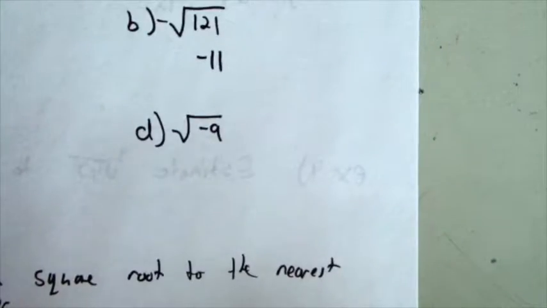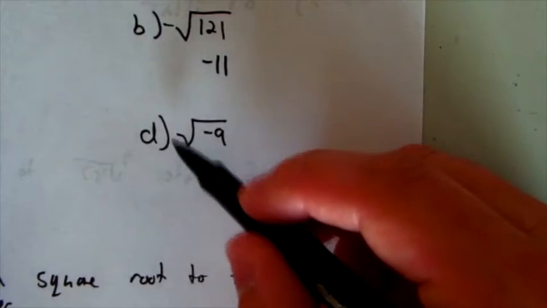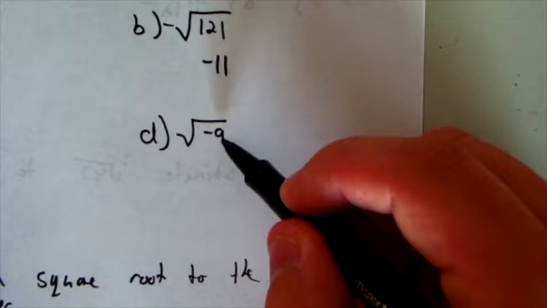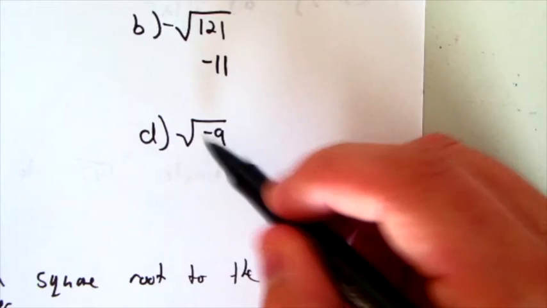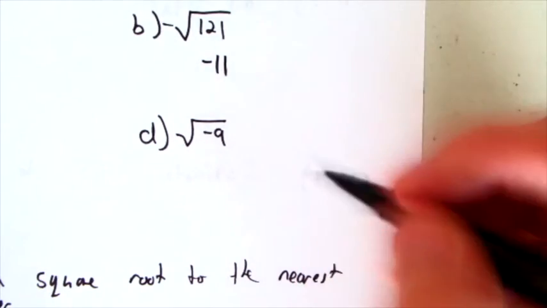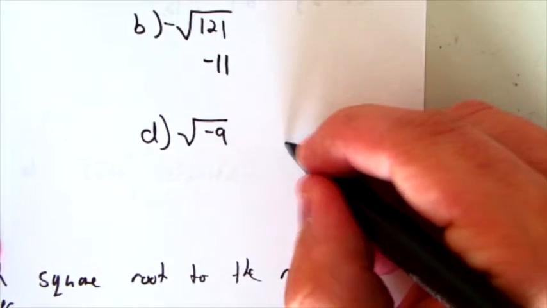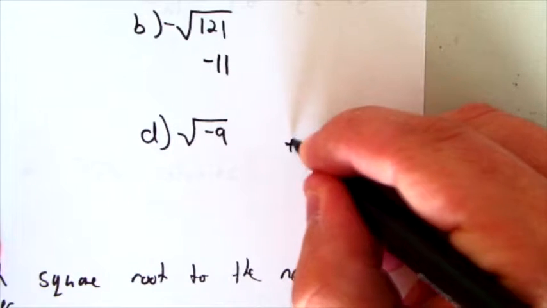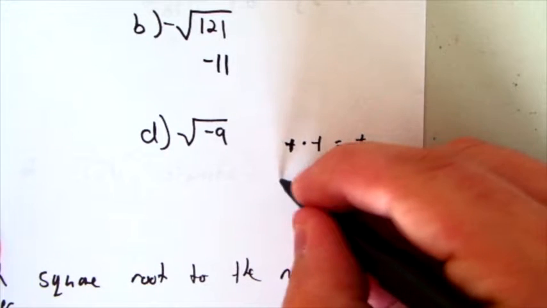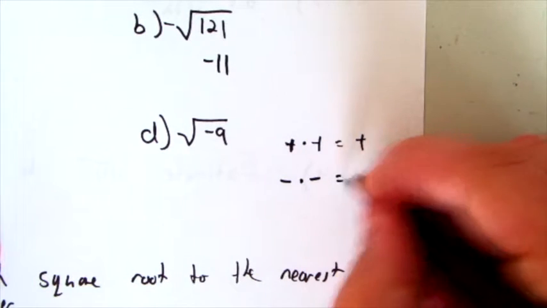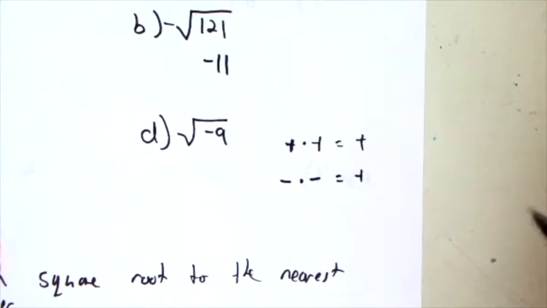Now, letter D. This is an interesting one because it's looking for the square root of negative 9. And there isn't a number multiplied by itself that'll get me a negative number. If we think back to our integer rules, if I multiply a positive and a positive, my answer will be positive. If I multiply a negative and a negative together, my answer will also be positive.